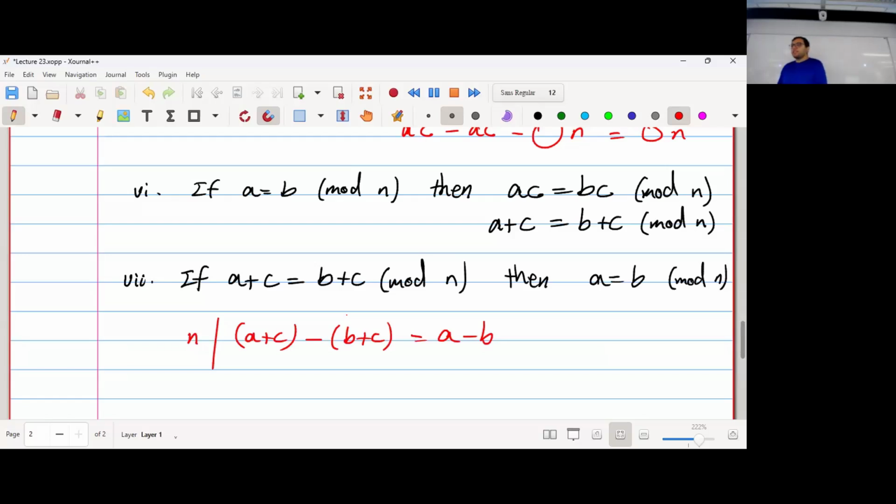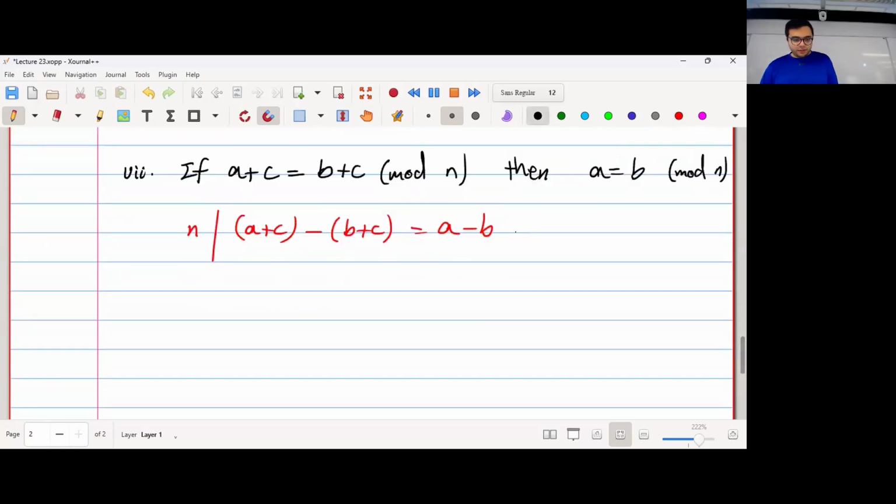But can I do cancellation when I'm multiplying something? So can I have something like this? Can I say if AC is equal to BC modulo n, then A is equal to B modulo n?